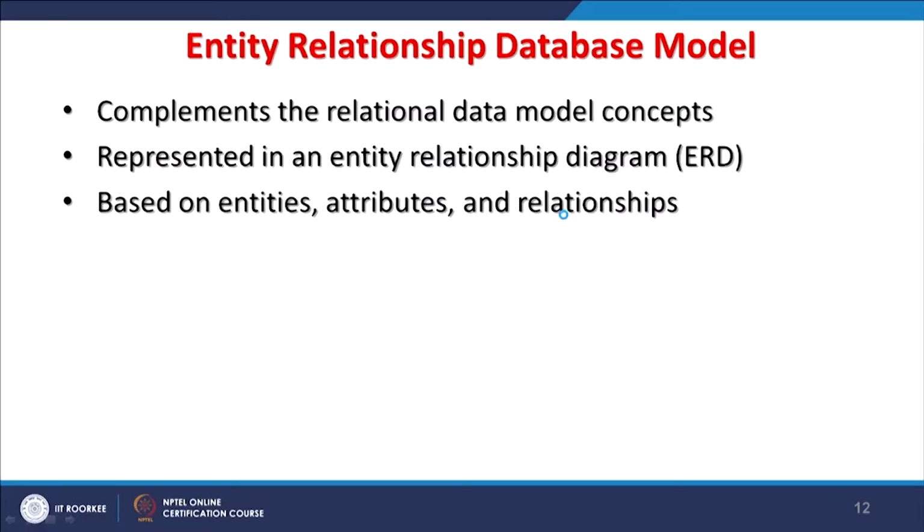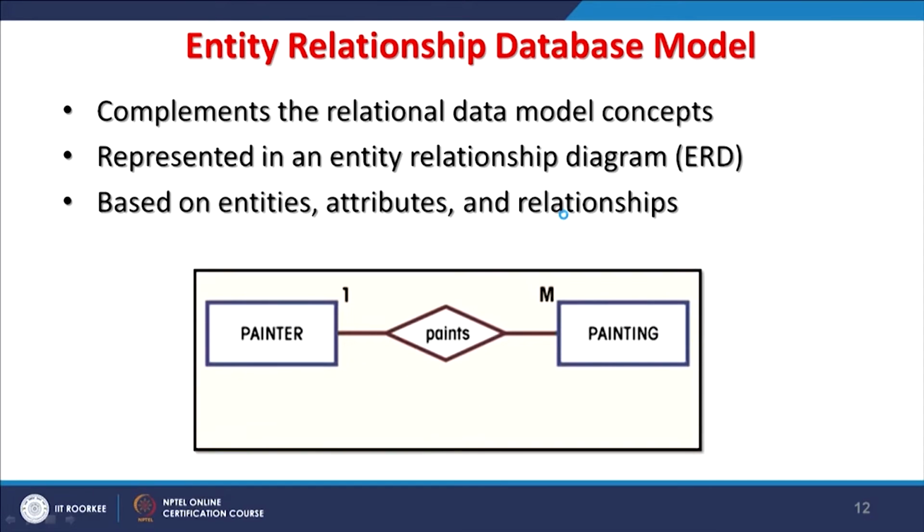So, vector entities for example, then attributes, non-spatial data or tables, and then the relationship between spatial and non-spatial. Like here we have a painter and a painting, and there is a relationship between painter and painting.